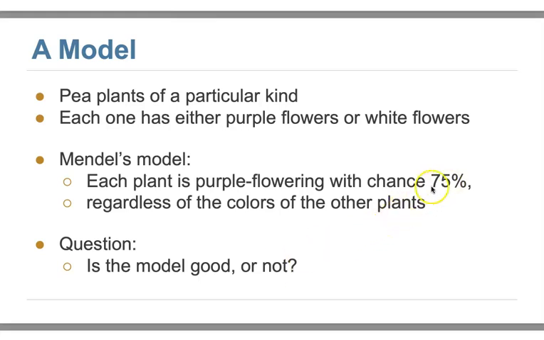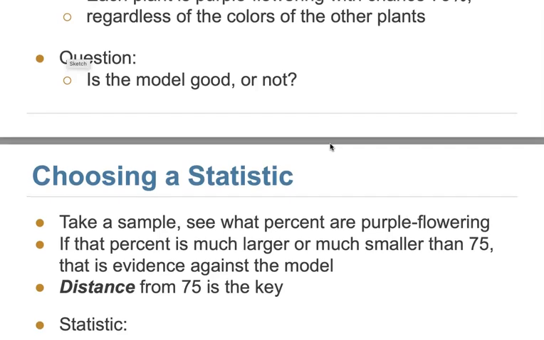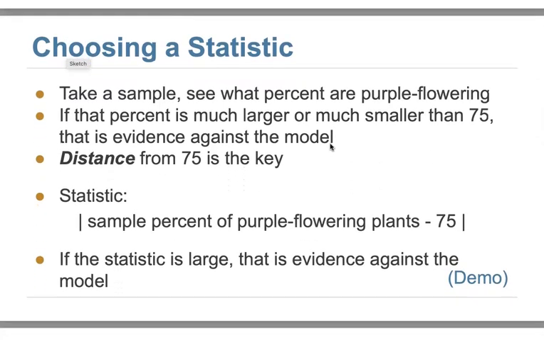This model just says the purple flower has a chance of 75%. So we need to choose our statistic. Our sample will be based on the percentage of purple flowers. If the purple flower percentage is much larger or much smaller than 75%, that's evidence against the model.